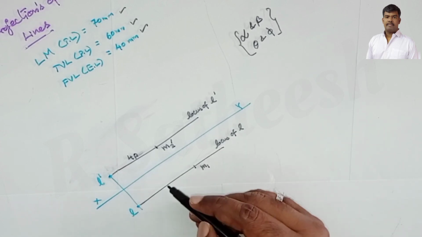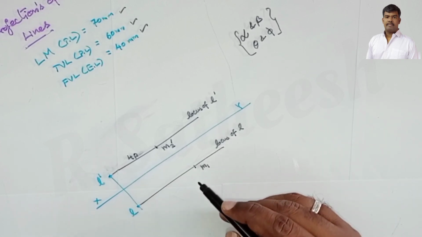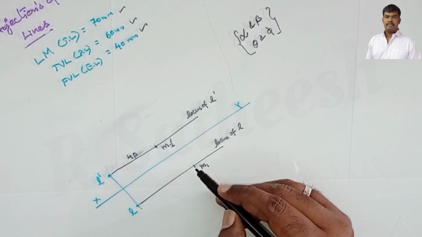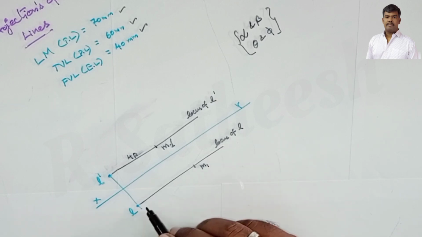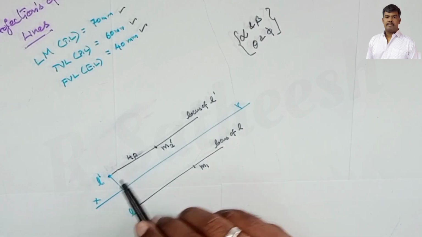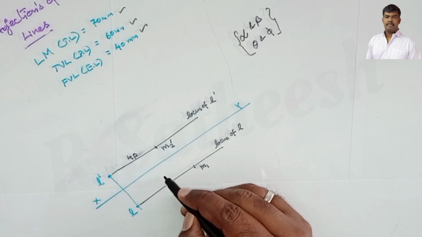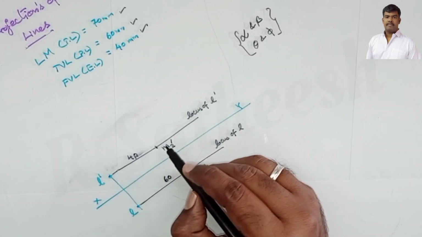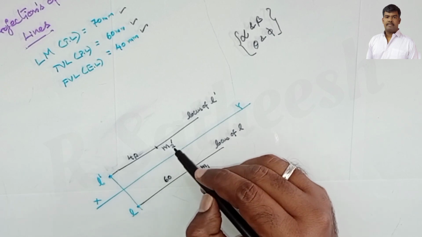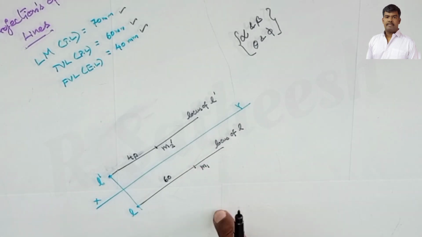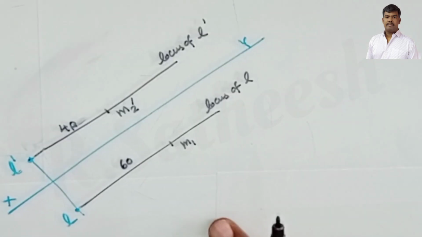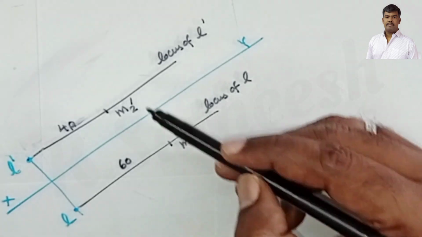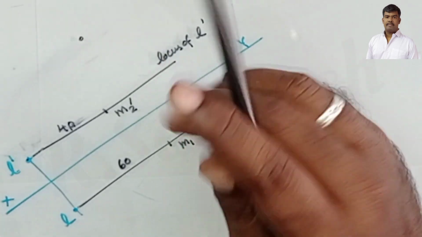Clear? LM1. Here L dash M2 dash is 40, and this one is 60. Then M2 dash is obtained from M2, as in the previous problem, somewhere here. Similarly M1 dash comes here, as in the previous case.